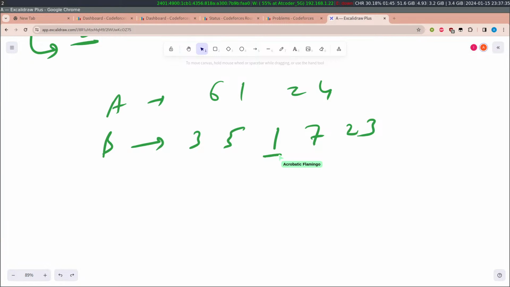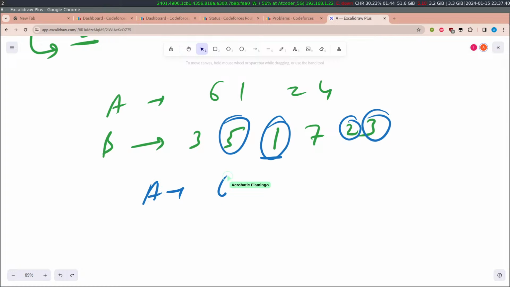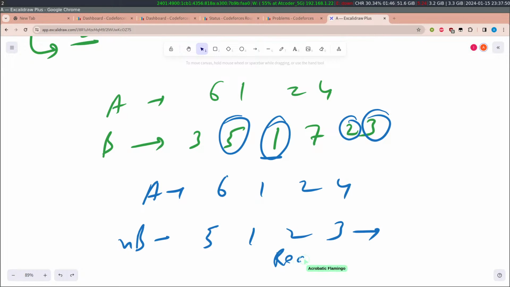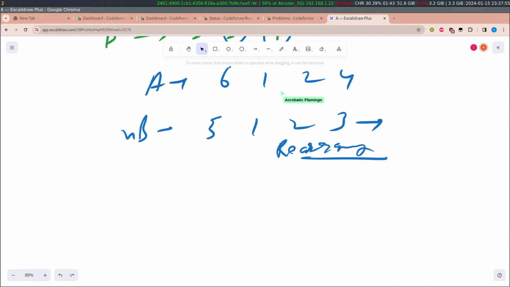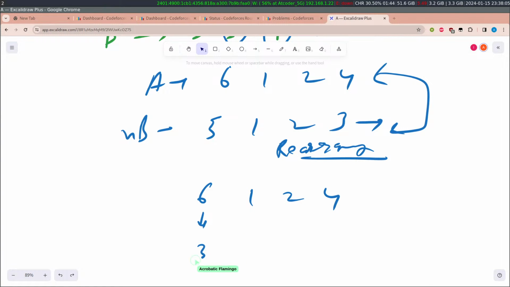In that case, our A would be 6 1 2 4 and B, the new array which the other person contains, would be 5, 1, 2, 3, and then we can rearrange it in any order we want. One possible way to arrange them is 6 1 2 4 and 3 2 5 1. And then we have to take the difference of absolute values of both of them.